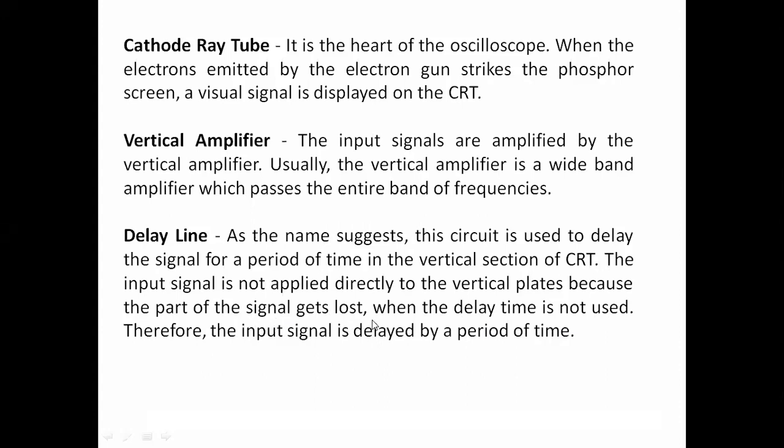If you applied the vertical amplifier output to the vertical deflection plates before the horizontal deflection plates have their voltage, we would lose some signal. That's why some delay is provided by the delay line.